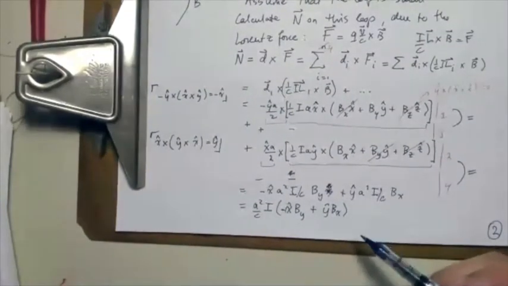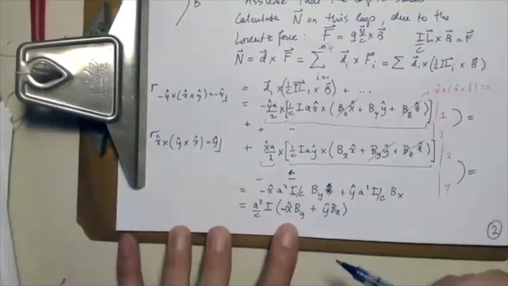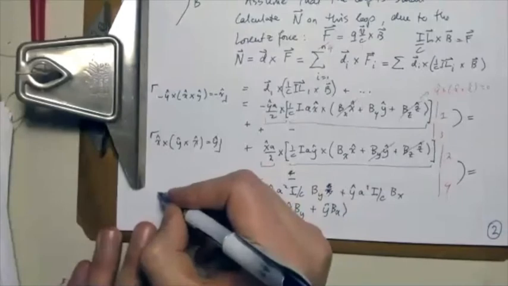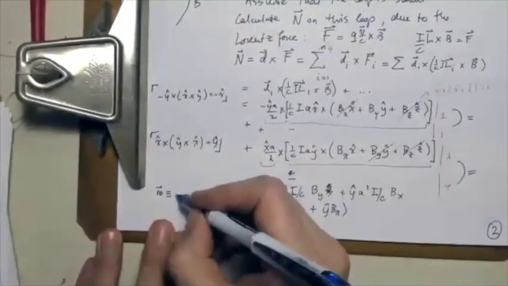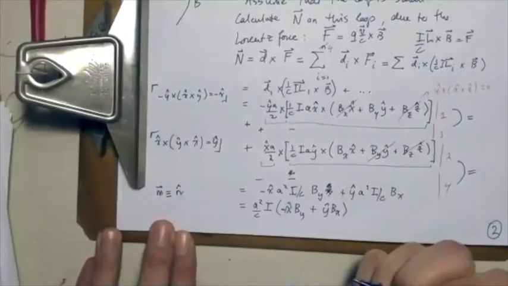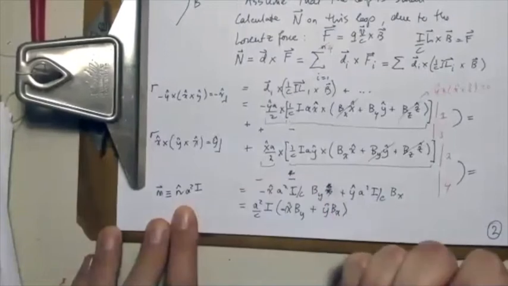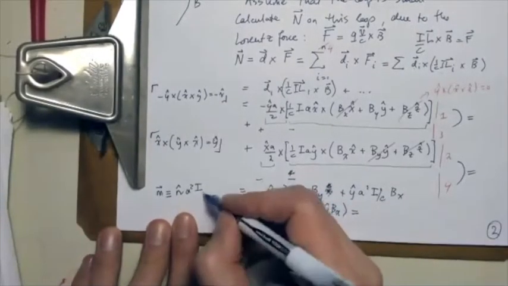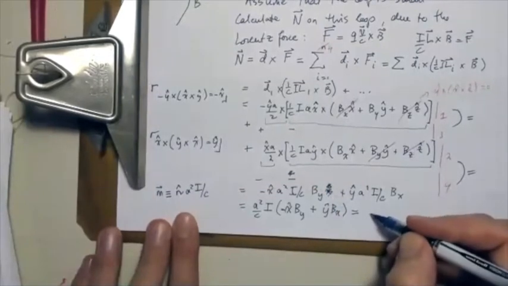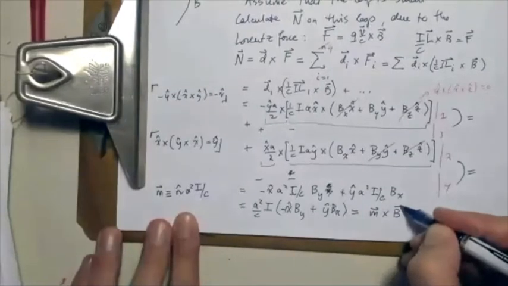Now, if we define the magnetic moment of this loop as, so we're going to say m, is that normal, and this is why I don't like using n for the torque, is that normal times a squared times I, oops, over C, then this is m crossed with B.